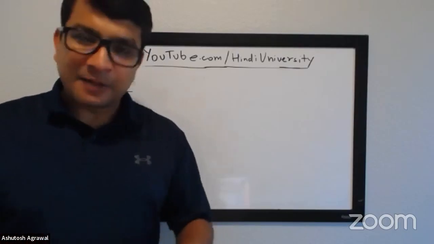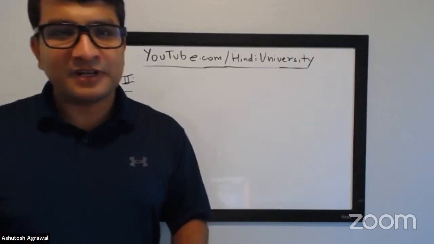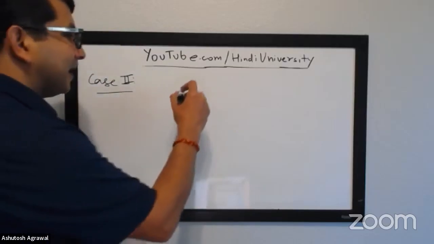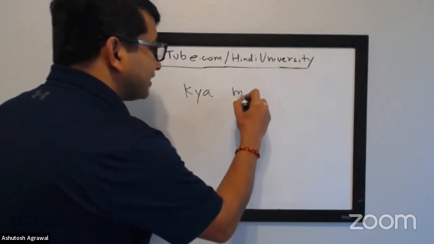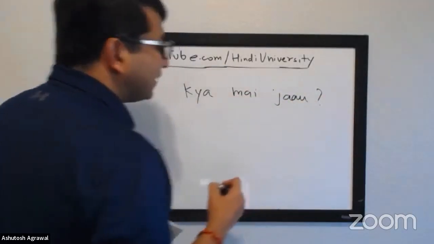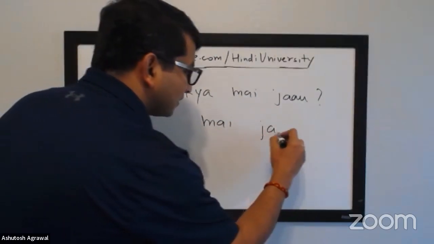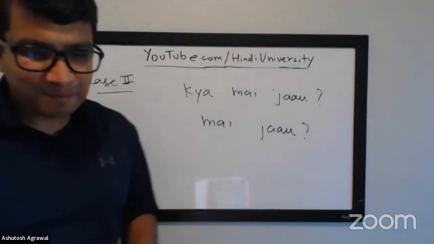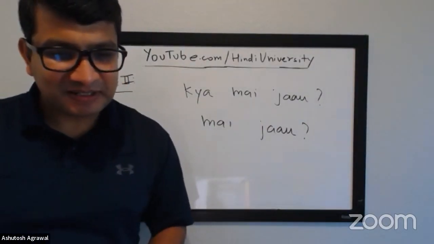I came and I also enjoy the feast with you guys, and everyone is done, people are leaving. I also want to say I'm done as well, and I'm saying क्या मैं जाऊं. क्या मैं जाऊं. What do you think I'm implying there?